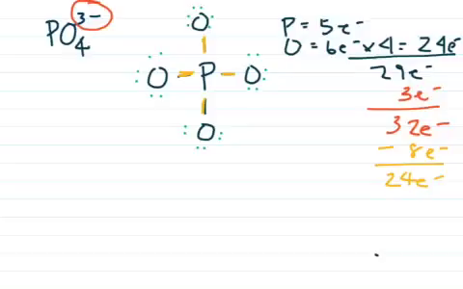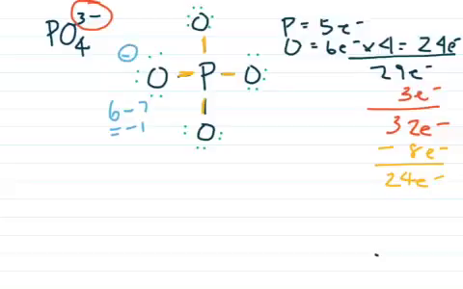Now let's do the formal charges. We know oxygen needs 6. I have 1, 2, 3 lone pairs, so that's 6, plus 1 electron from the bond, which gives me 7. So it has a formal charge of -1.